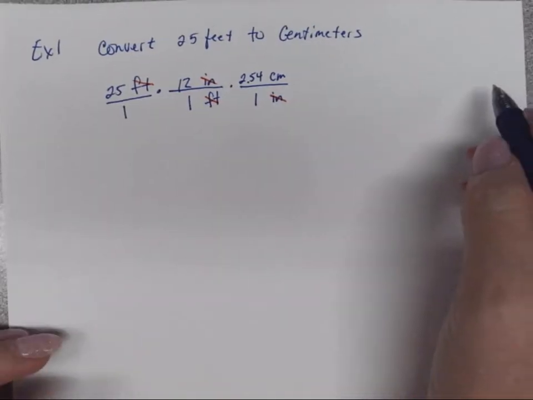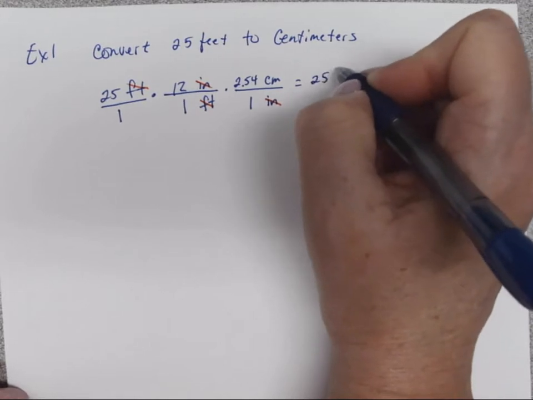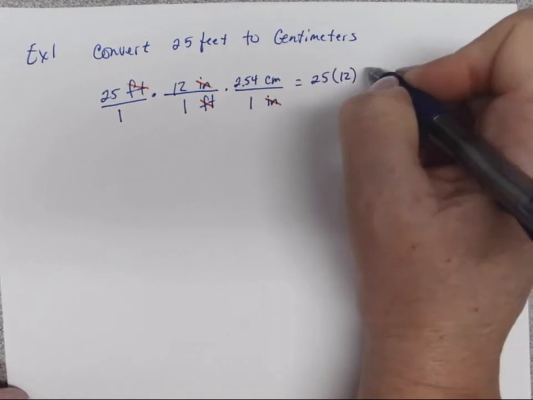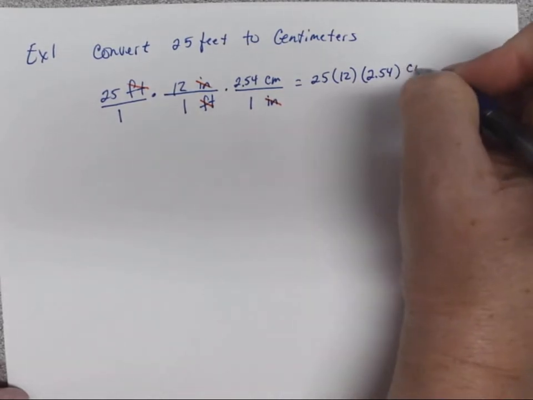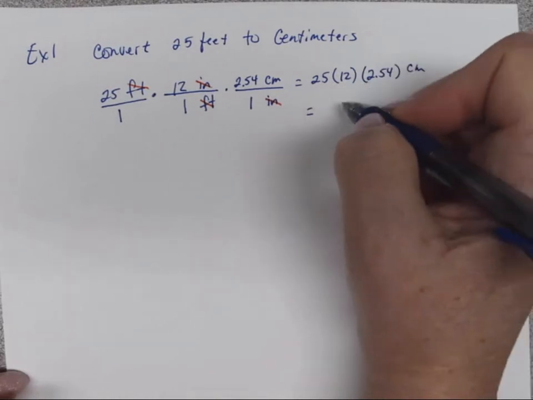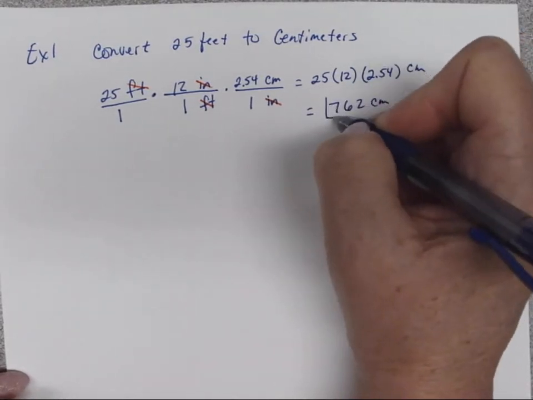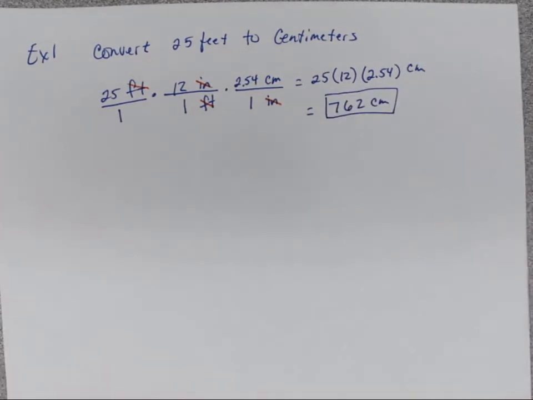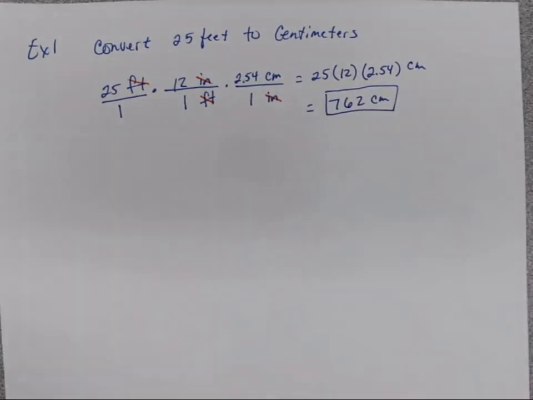So now I am left with our 25 times our 12 times our 2.54 and just our centimeters, which is what we were looking for. When I multiply that out, I get 762 centimeters, and that would be our final answer. And you need to include that increment on there so that you know what you're looking at.